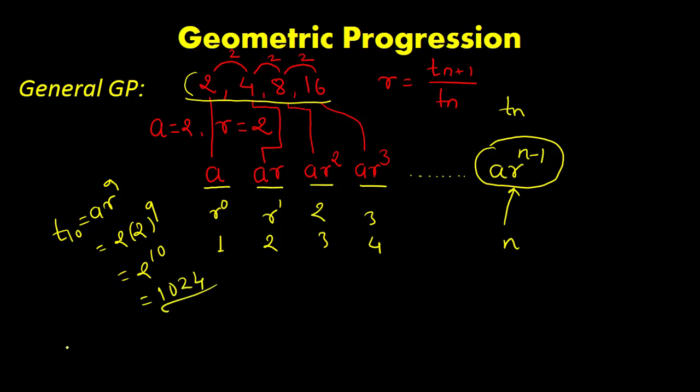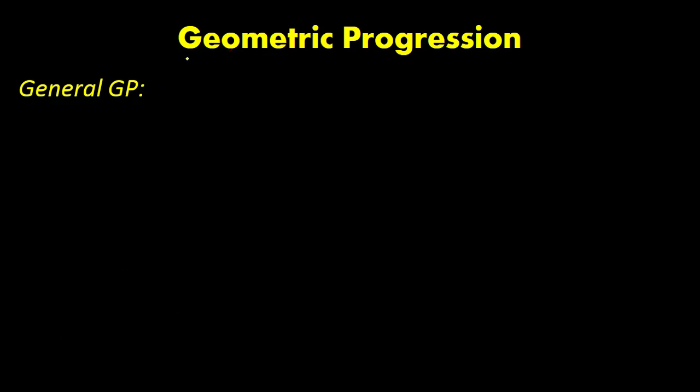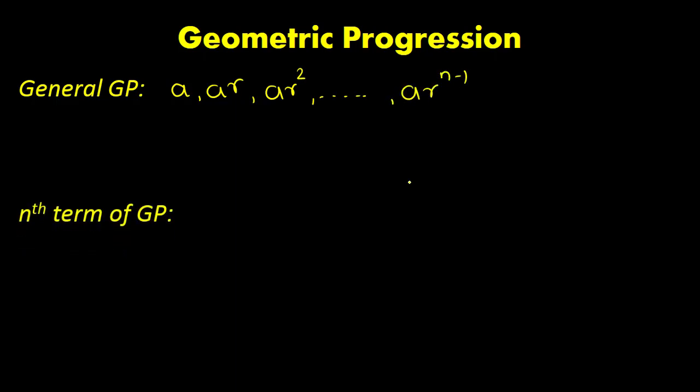Very good. So the general terms of a GP become A, AR, AR square, and if you continue this, the nth term will be AR raised to power n minus 1. The nth term we have already discussed: Tn is equal to AR raised to power n minus 1.